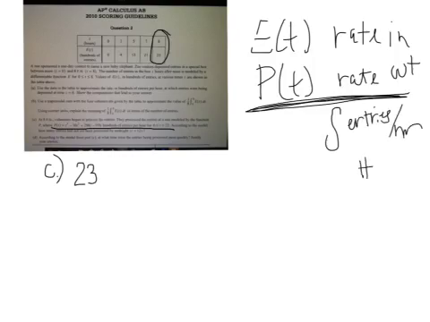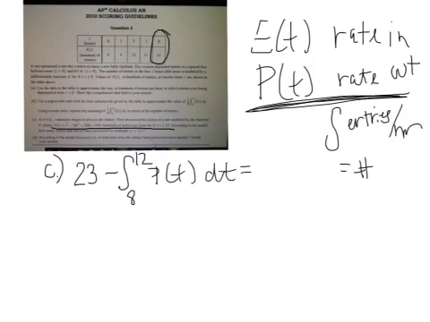And so P of t is given as a rate in hundreds of entries per hour. And so if we integrate entries per hour, we're going to end up with the number of entries. So this is how many we had at 8 o'clock, and we need to subtract out how many they got through from 8 until 12 under P of t.